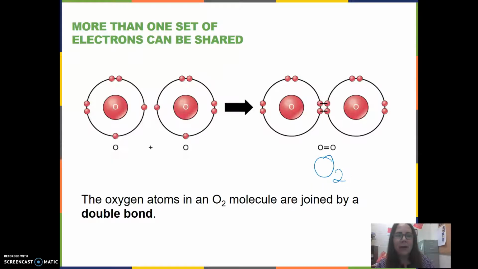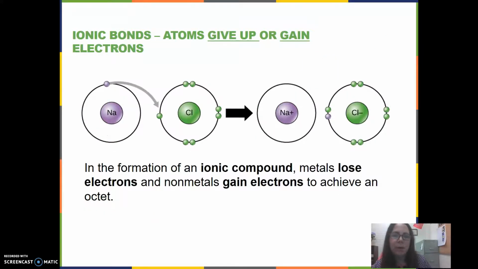And that forms by sharing 2 pairs of electrons between the 2 oxygen atoms. And by doing that, each oxygen atom has 8 total electrons in its valence shell. So this is called a double bond. The bonds that we saw with the water molecule were single bonds. So we've seen double and single covalent bonds. You can actually have triple covalent bonds.